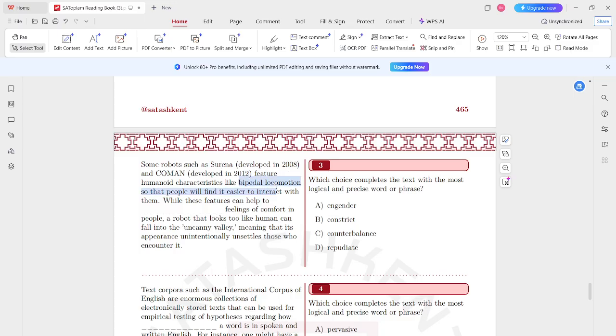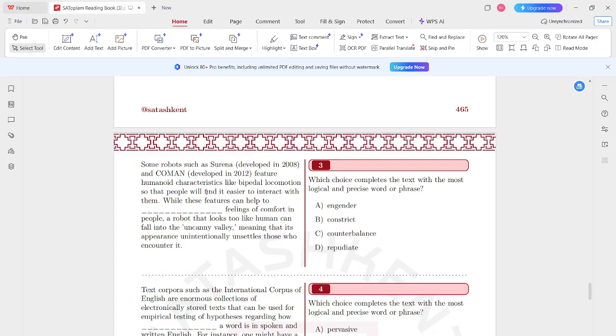I don't know what it is, but this is a human characteristic. All right. So some robots have human-like characteristics like bipedal locomotion, so that people will find it easier to interact with them.